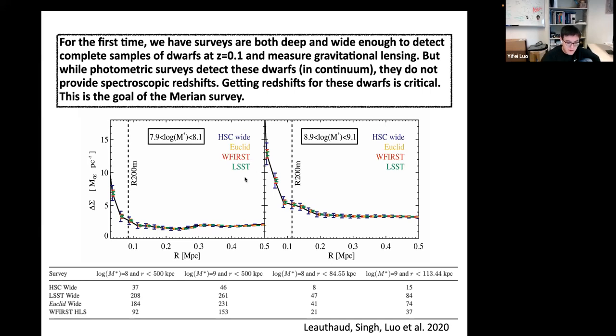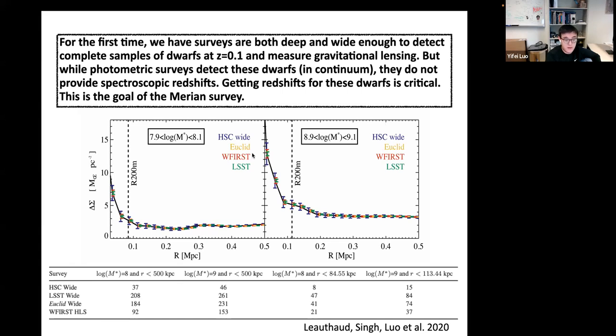But for all of those surveys, and all the incoming deep and wide lensing surveys, they are broadband surveys. Say, for example, HSC or Euclid or Roman or Rubin, they're all broadband imaging surveys. So basically, we can only get the redshifts from broadband photometric redshifts.